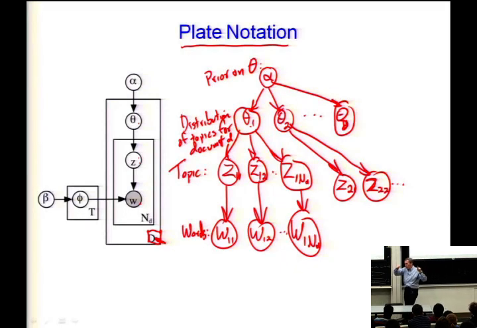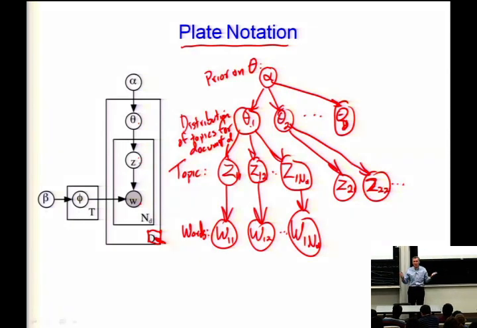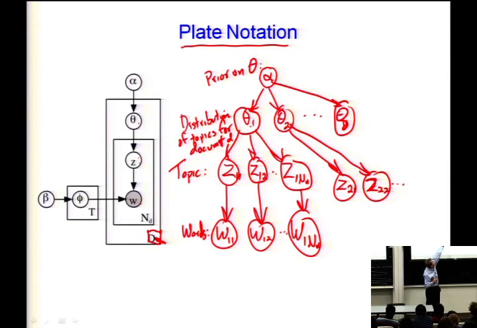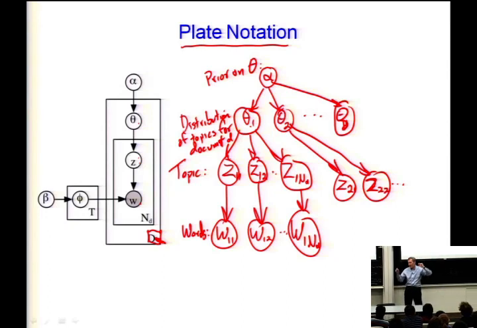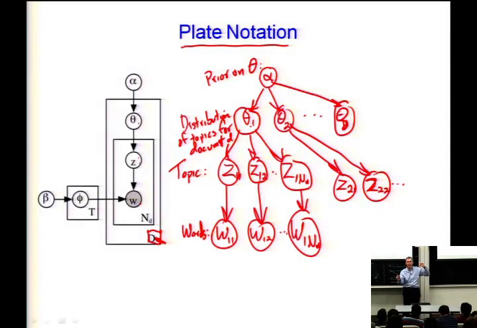That theta will be 20 probabilities, one for each of the possible values the topic variable Z could take on. Then, for each word that I want to generate, I randomly generate a Z topic for that word, given theta, the distribution of topics for this document. Given that topic, maybe it's the swimming fish one, I generate a W according to the distribution for that topic.